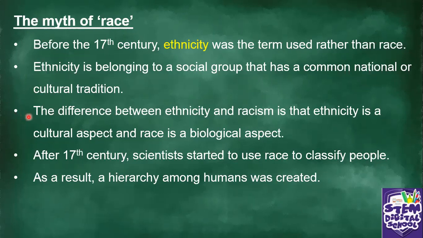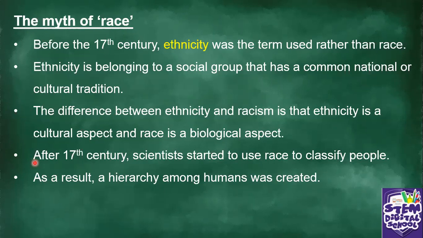The difference between ethnicity and race is that ethnicity is a cultural aspect, so we're looking at the cultural framework of a society, and race is a biological aspect, something that you're born with, your skin color.